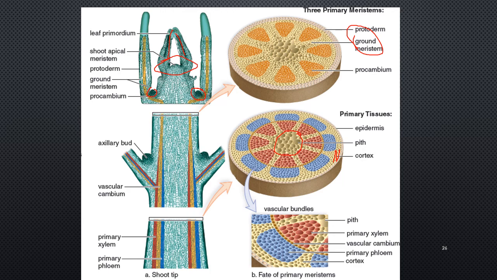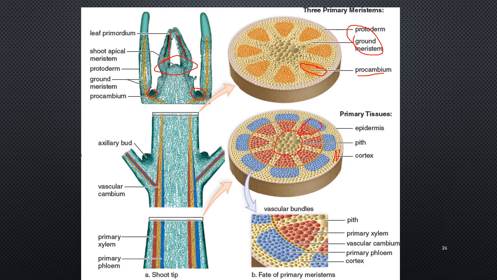Now, our procambium gives rise to primary vascular tissue. Okay, so this is going to be our bundle of xylem and phloem. And here, as the stem matures, then the other meristem that we've talked about before, called the vascular cambium, develops between the mature primary xylem and the primary phloem.